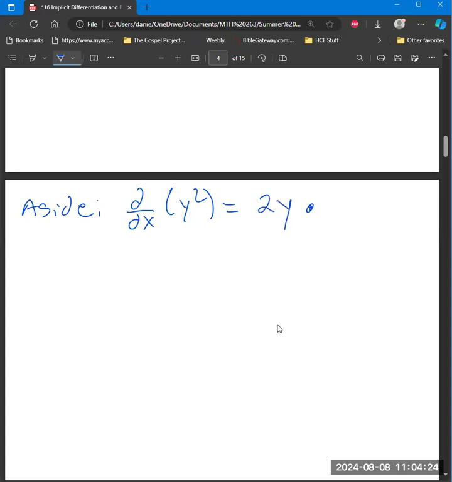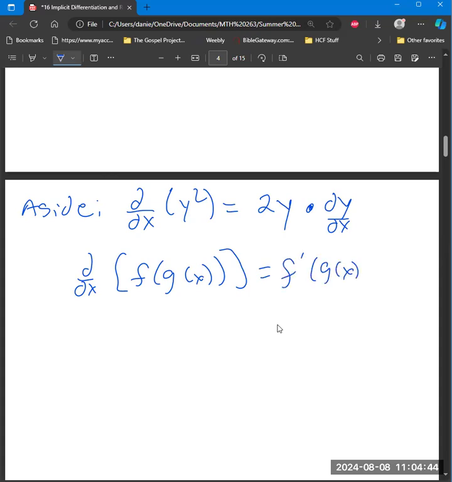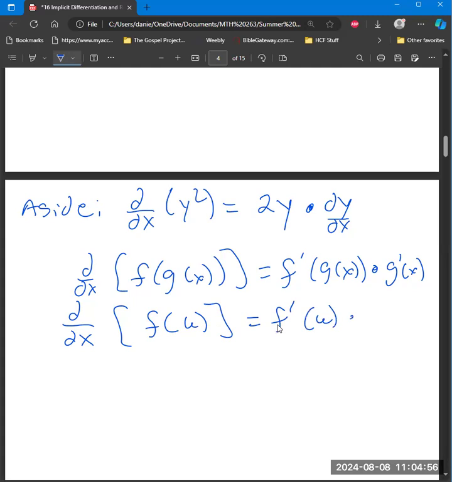And then we need to attach a dy dx or a y prime onto the end of it, because this is like a derivative with respect to x of f of g of x, where we have f prime of g of x times g prime of x, or you might say derivative with respect to x of f of u, which was f prime of u times u prime, something like that. This is the chain rule.